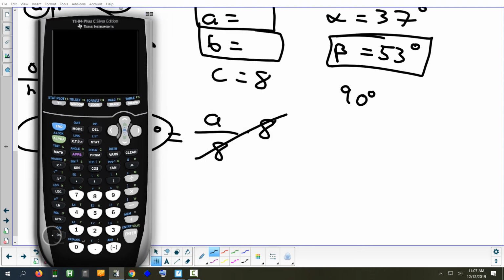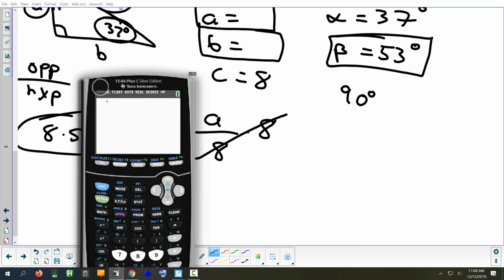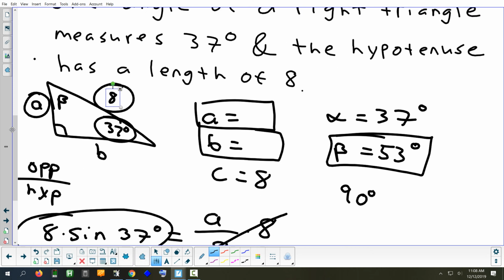I think pretty much every problem's in degrees, but always check your problem first. And we're going to type in 8 sine 37. So we get a length of about 4.815.